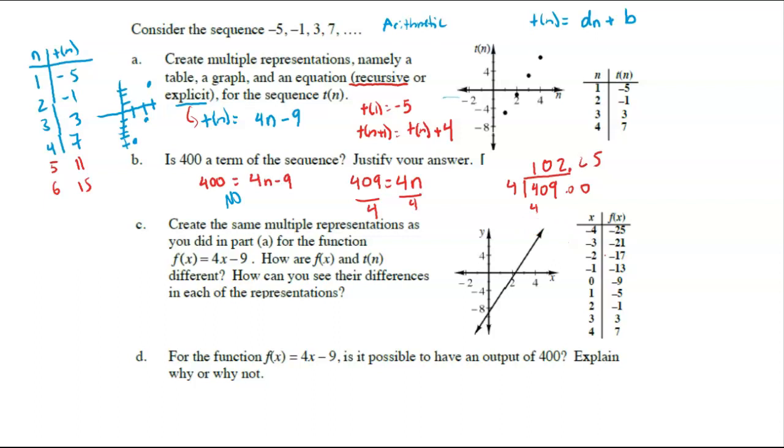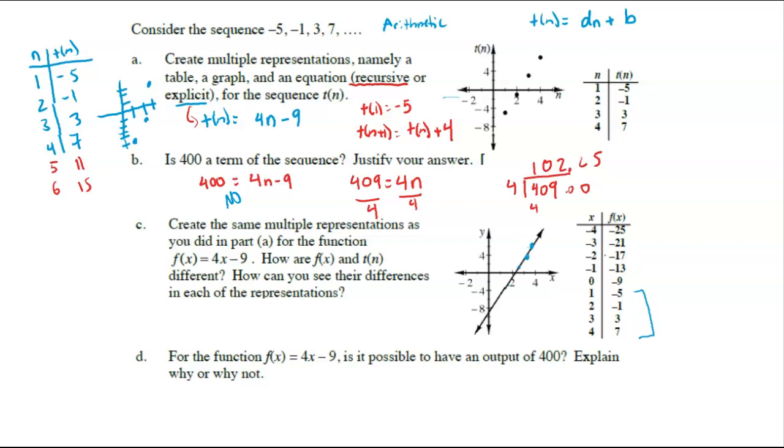We can see from our table that we see the same first 4 numbers, -5, -1, 3, and 7, but now notice that I can plug in other numbers. I can plug in 0, -1, -2, -3, and we are going to connect the points together. And what this means is that every single point on this line is a solution.